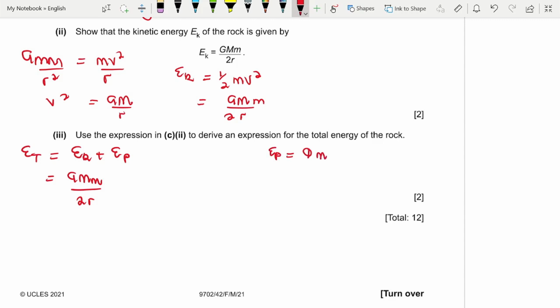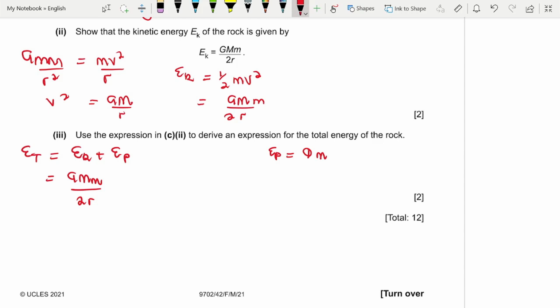So gravitational potential is defined as the work done to move a unit mass from one point to infinity, right? What work are you going to do to move one mass from a certain point towards infinity? So the work done itself is the gravitational potential energy. So it's going to be equal to phi multiplied by m.